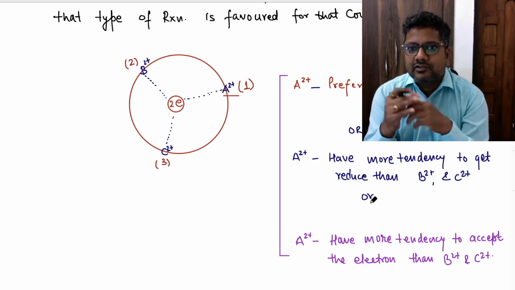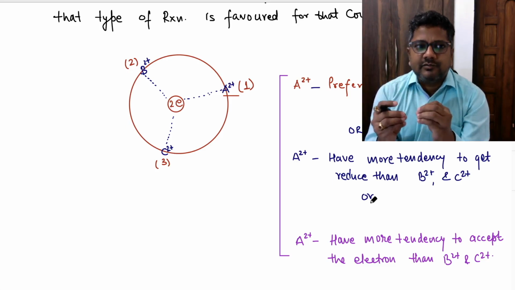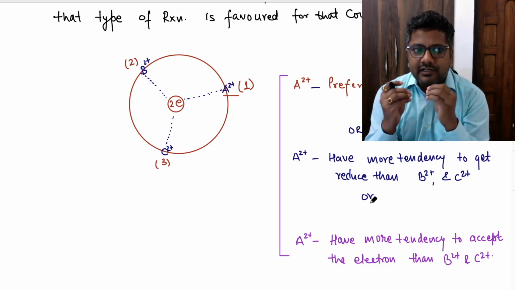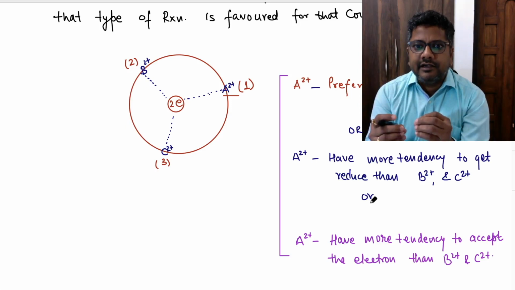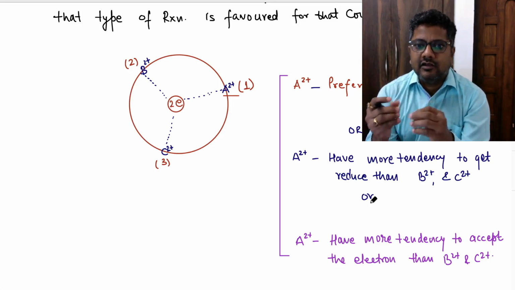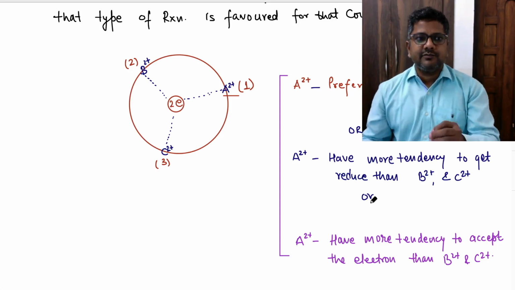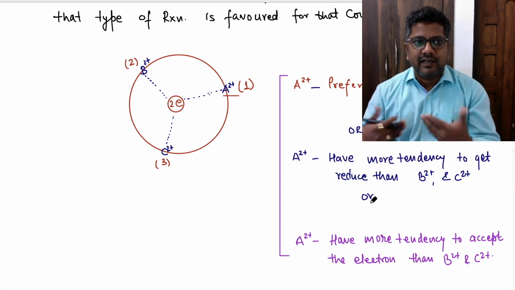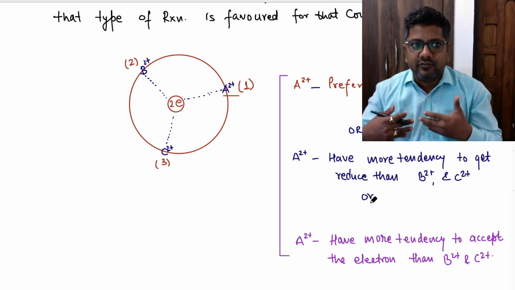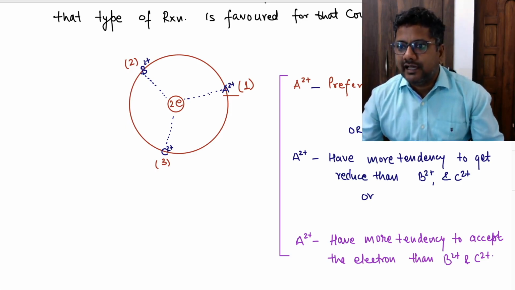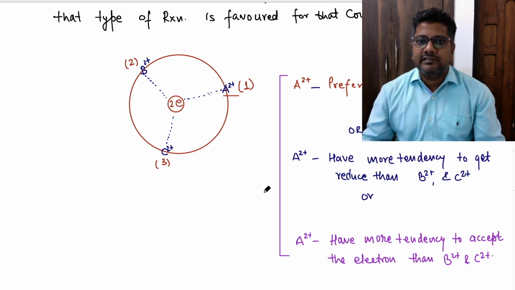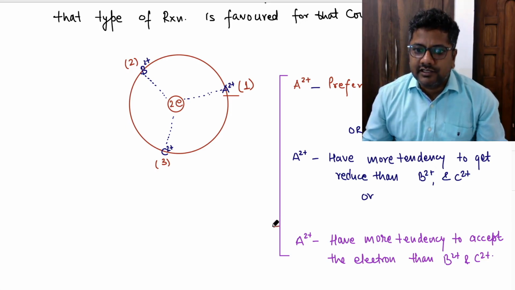Okay. So the greater the reduction potential, the greater the tendency to accept the electron. And if any species has more tendency to accept the electron or tendency to get reduced, that means the species is a good oxidizing agent.